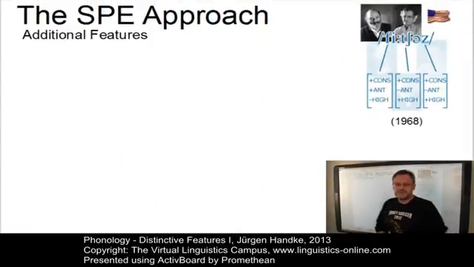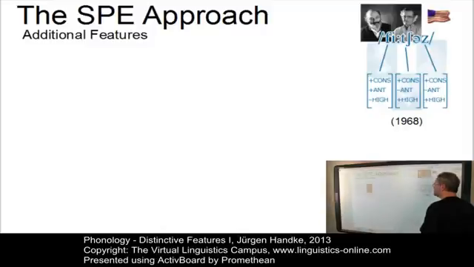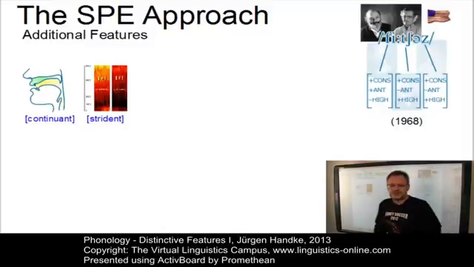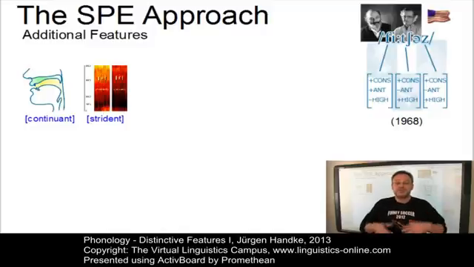Additional features in the Sound Pattern of English approach were taken over from Jacobson. For example, the features continuant and strident. Whereas continuant correlates with the distinction between plosives and non-plosives by and large, the feature strident distinguishes noisy fricatives from less noisy consonants.